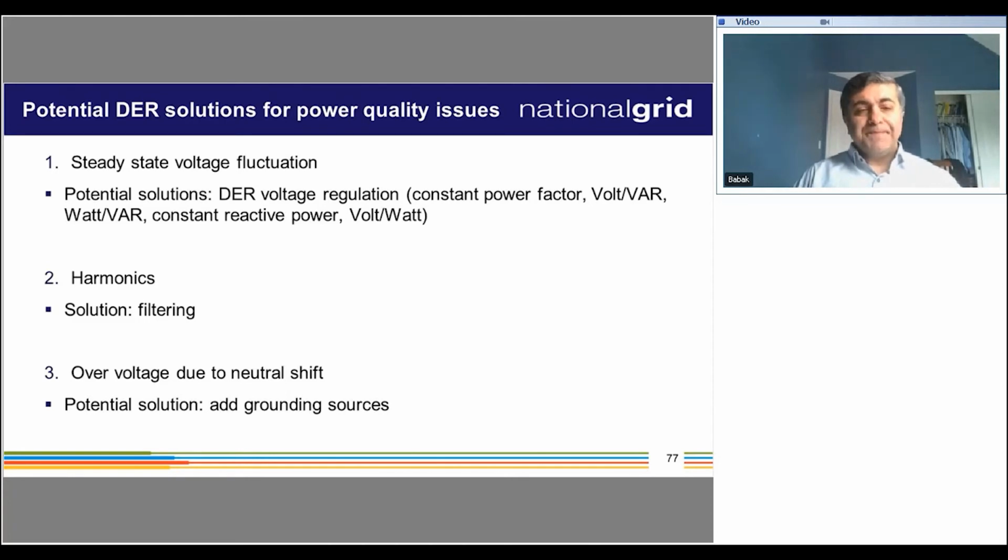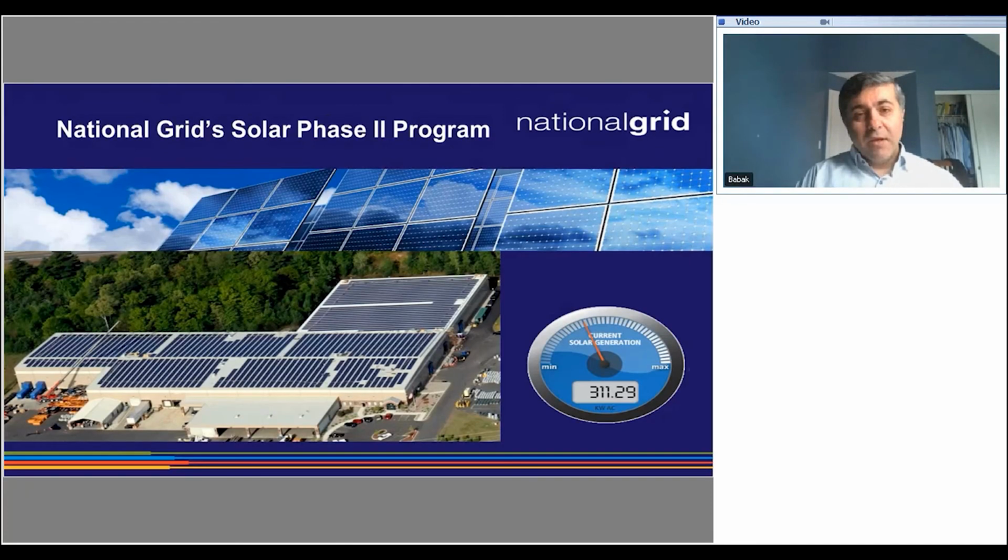And also in terms of system grounding, if you see that DER is not providing a ground source and is capable of increasing the voltage on the unfaulted phases to a level that is very dangerous to your laterals and the single phase loads under those laterals, adding ground sources, like grounding transformers, can be considered as a potential solution. So that's it on the standard side.